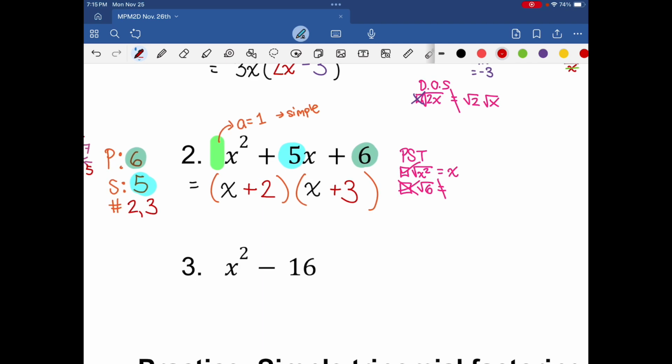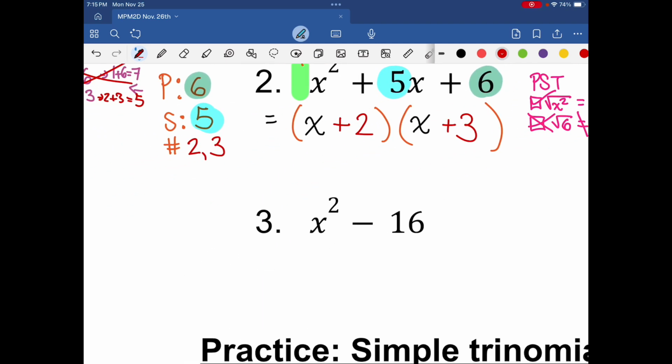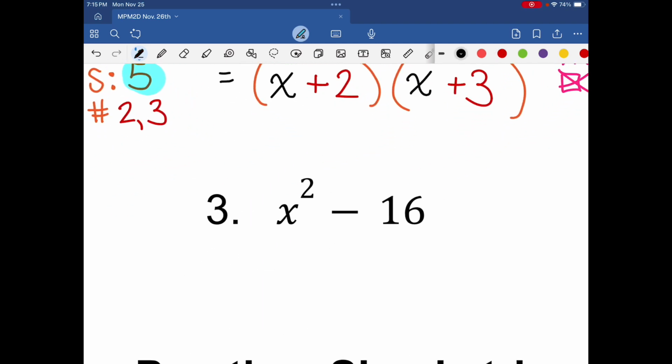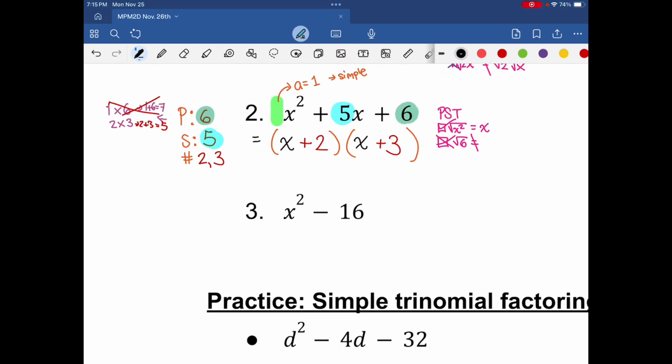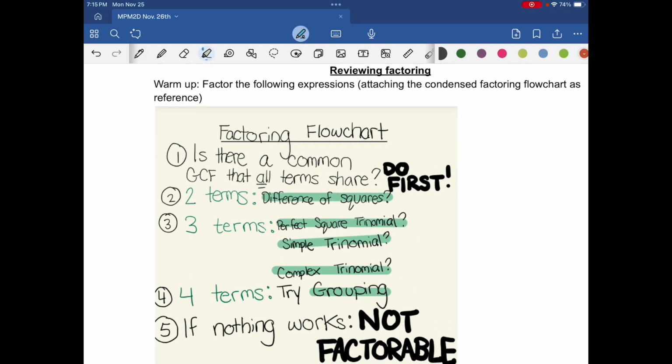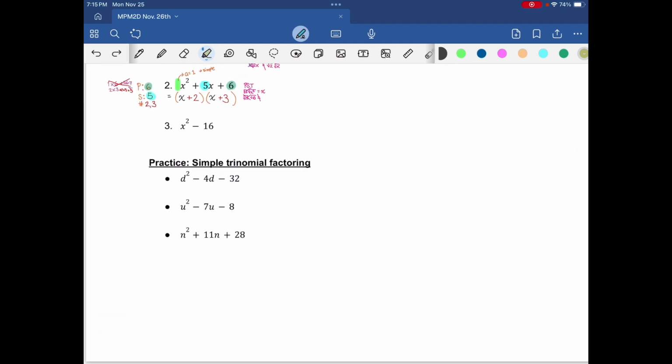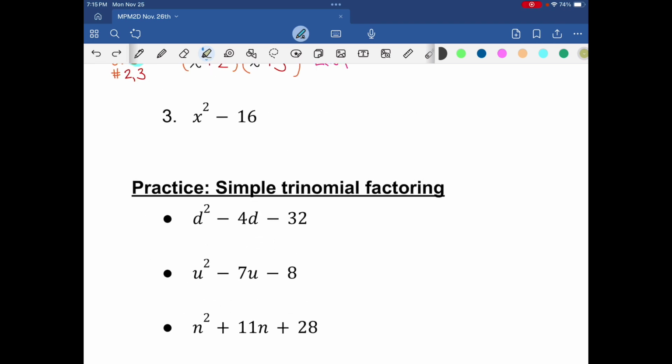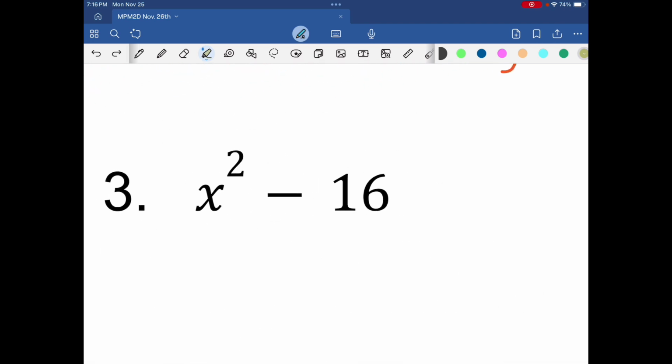Okay, for the next one. First things first, is there a common GCF that all terms share? Let's find out. Is there a common GCF out of x squared and negative 16?